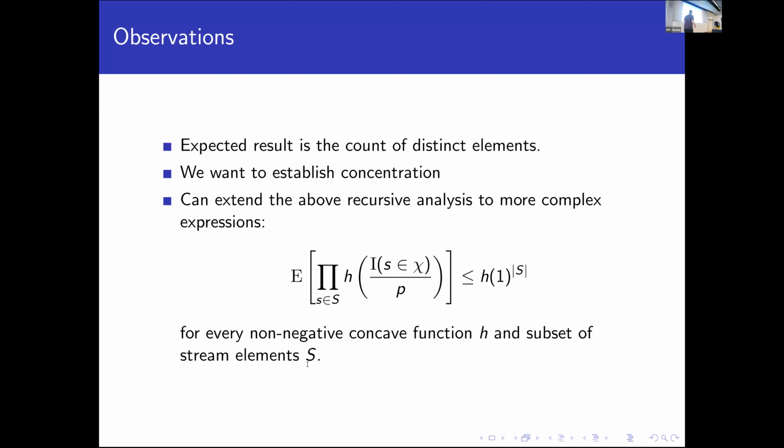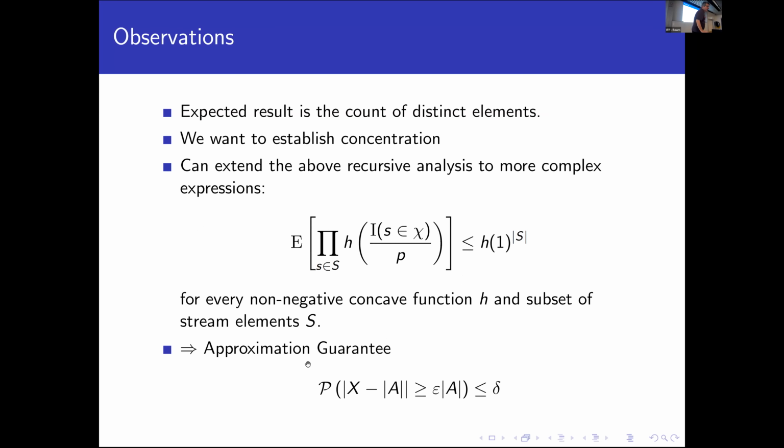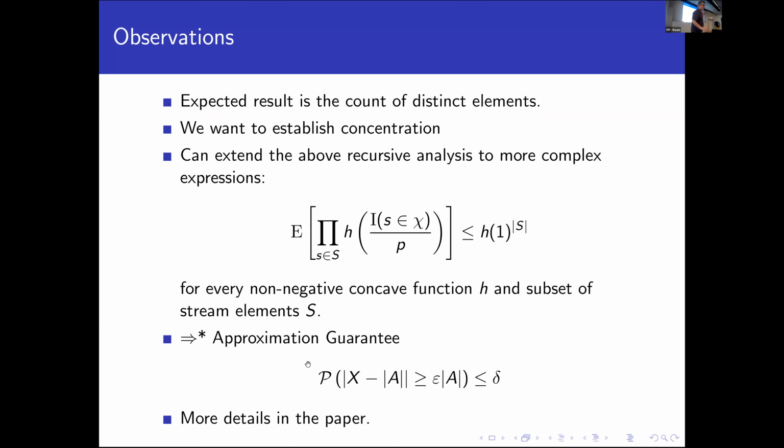You can use products of the subsets of the stream elements, and you can still show that this inequality is true. And the last part, you can show your approximation guarantee with that. So you can recursively establish that invariant, and from that, you get that your algorithm is concentrated. And that is standard Chernoff bounds, it's nothing new. I have to caveat all of that with, you have to look into the paper because I'm skipping a lot of details.